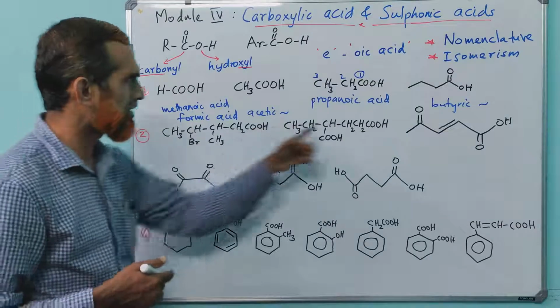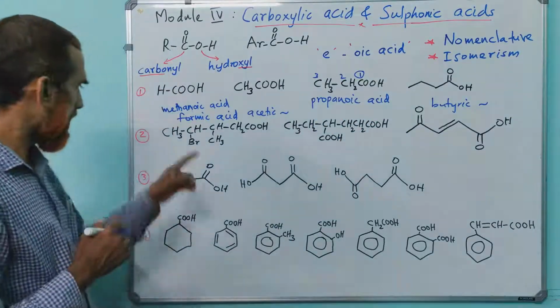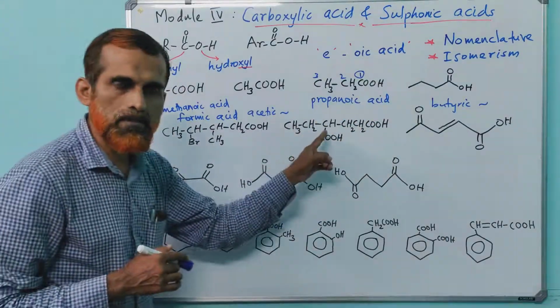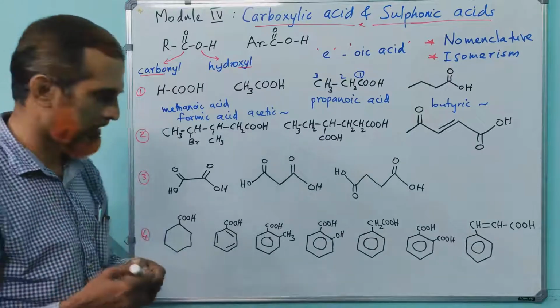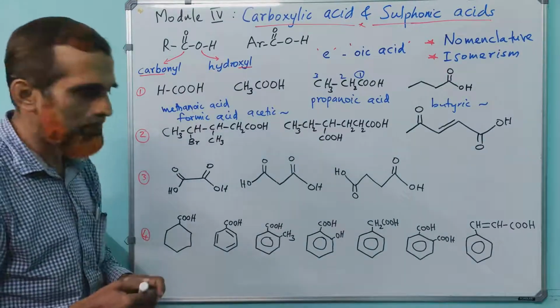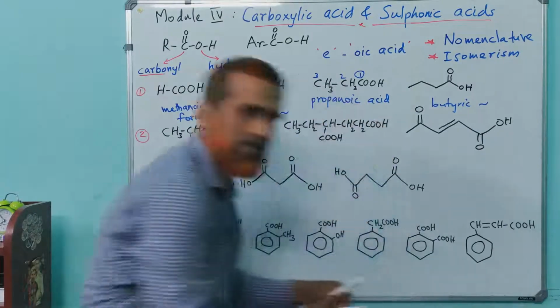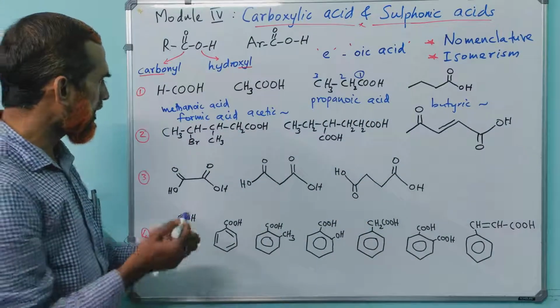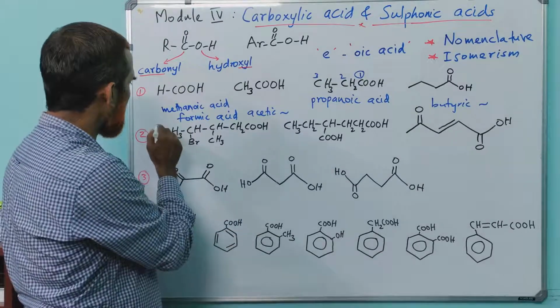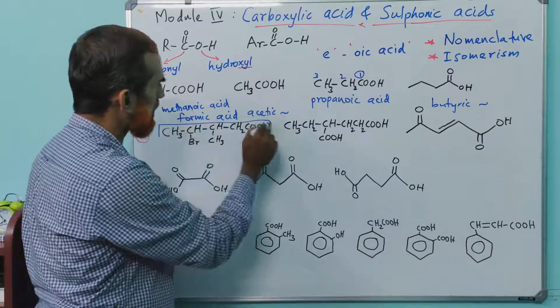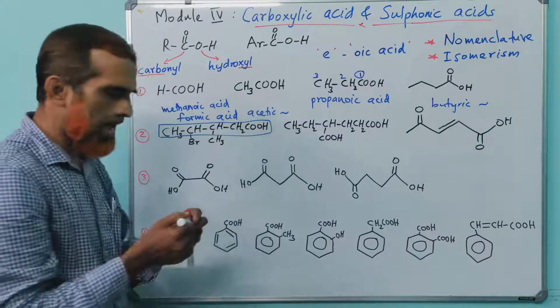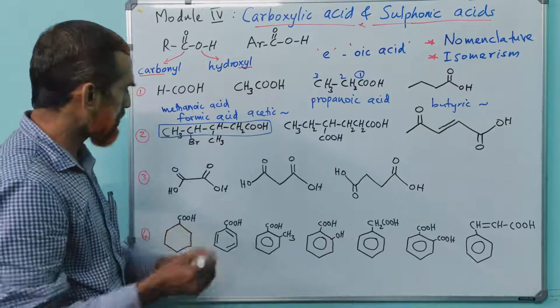Now, in the second set of examples, you have some branches or substituents. So when you name them, according to IUPAC rules, you have to select the longest chain. Okay, here the chain is nothing but the straight chain, no other chain possible here. And you can see there are two substituents.